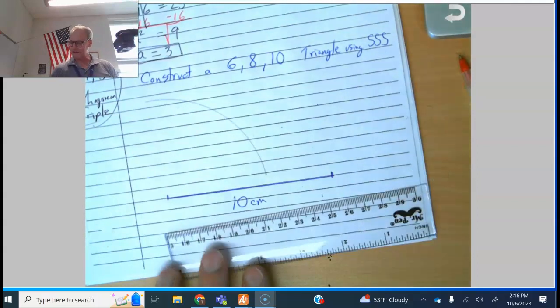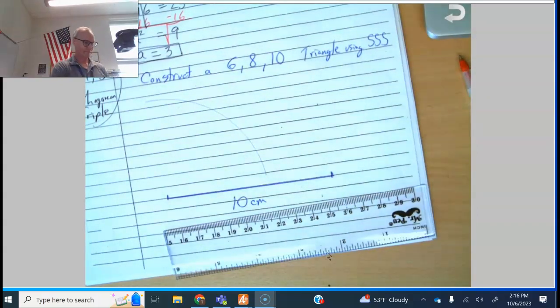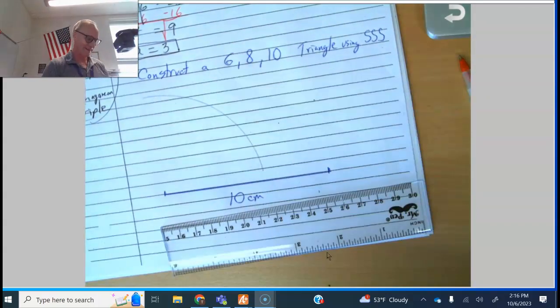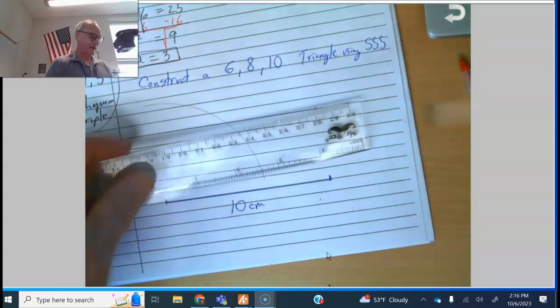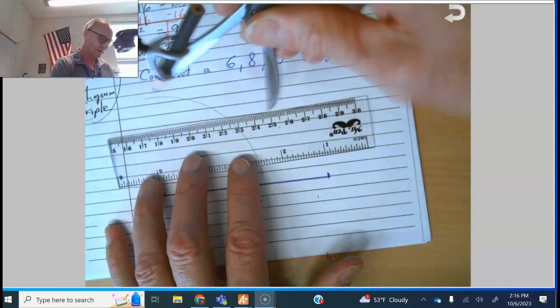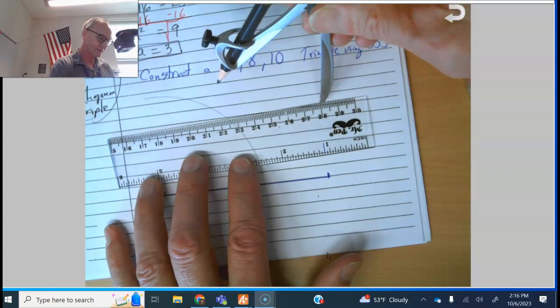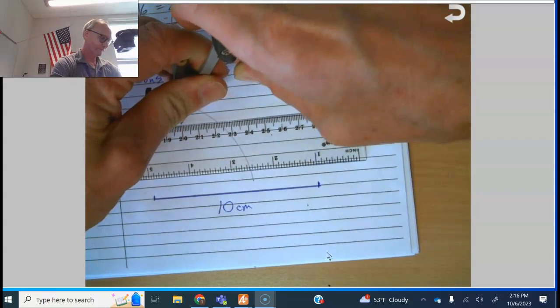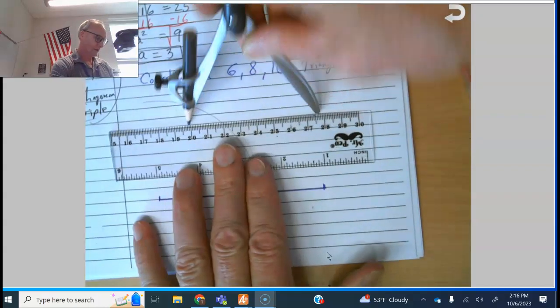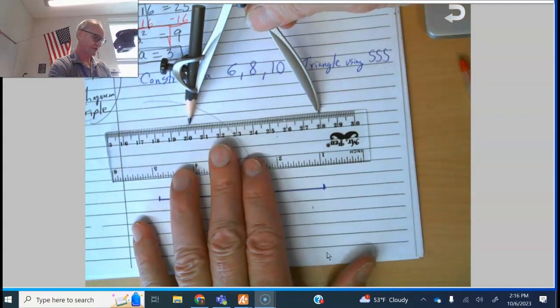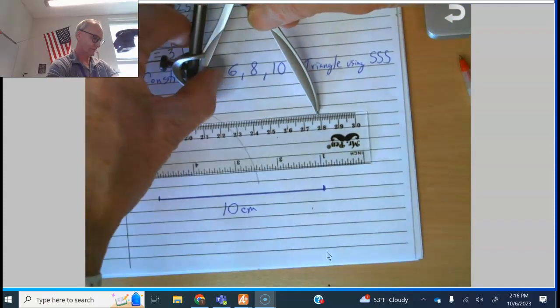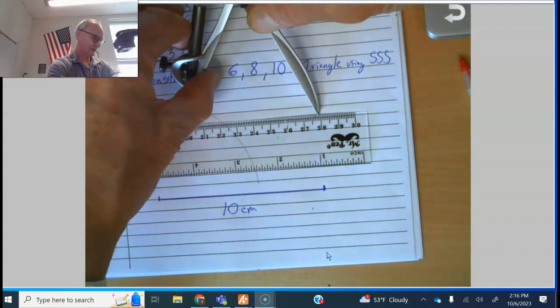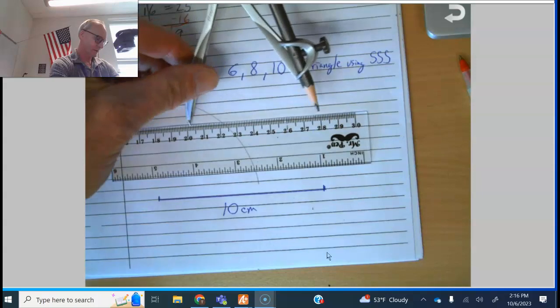How long am I going to make the other side? 8 centimeters. So from the other side, we're going to measure out 8. I'm going to go from 20 to 28. And I'll put it right here so you can see it. Can everybody see my 20 to 28? I'll turn it around so it looks better.